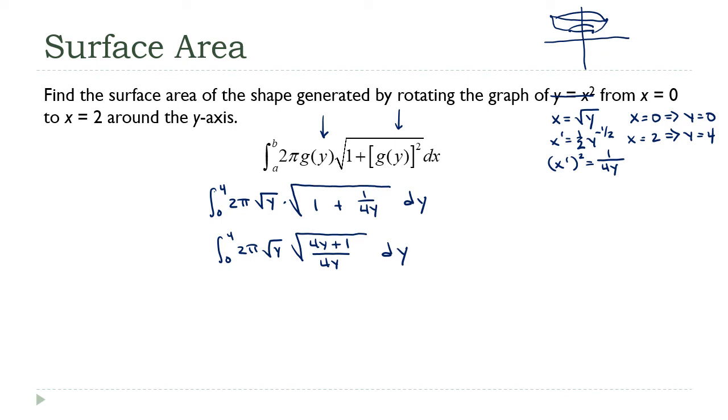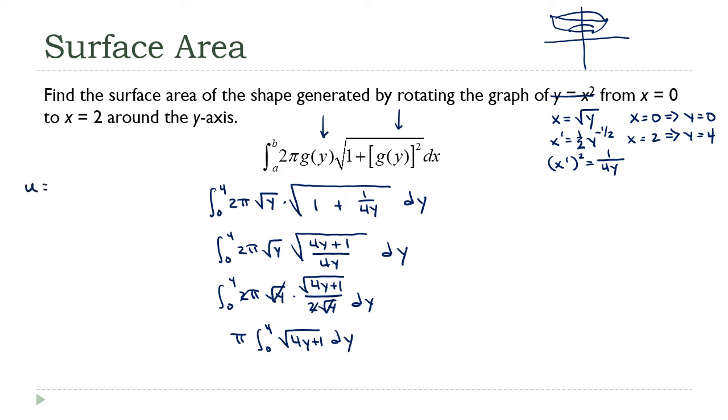Let me rewrite this again: 0 to 4, 2 pi, square root of y times square root of 4y plus 1 over 2 times the square root of y dy. So all sorts of things cancel, and this is just pi times the integral from 0 to 4 of the square root of 4y plus 1 dy.